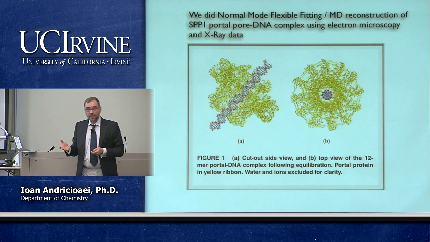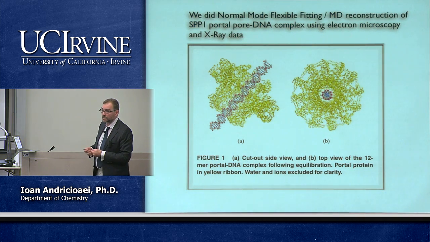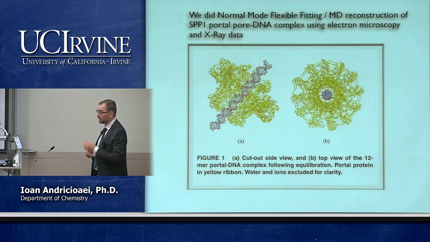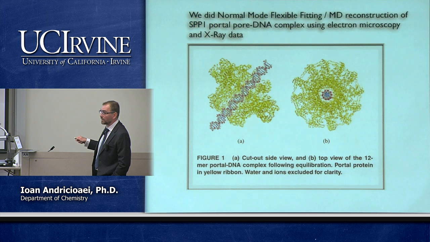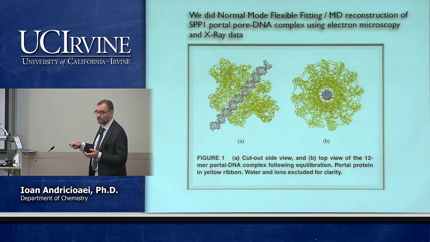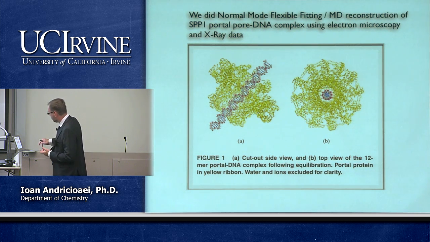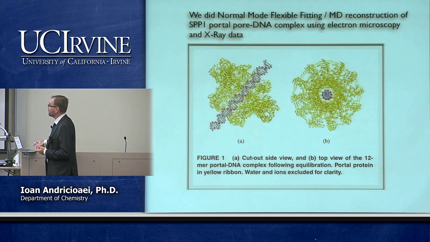We put the DNA inside a cryo-EM structure that we fitted with a crystal structure of a monomeric protein that makes the 12-mer pore. And we calculated, guess what, potentials of mean force for the interaction of DNA with the protein. Potentials of mean force, this time in two degrees of freedom.